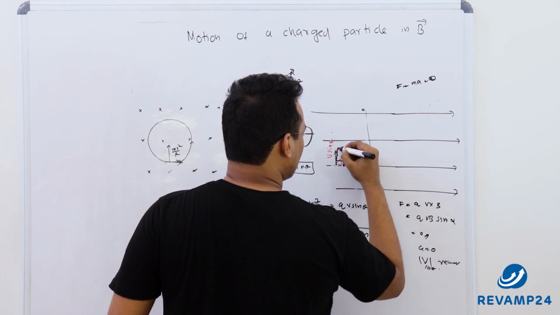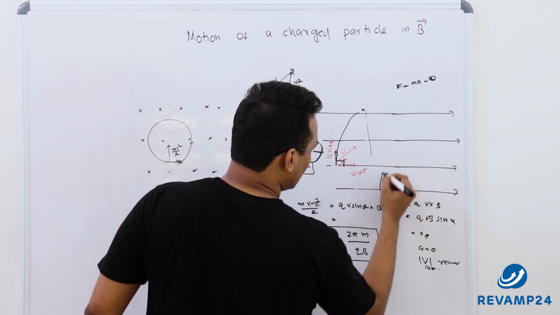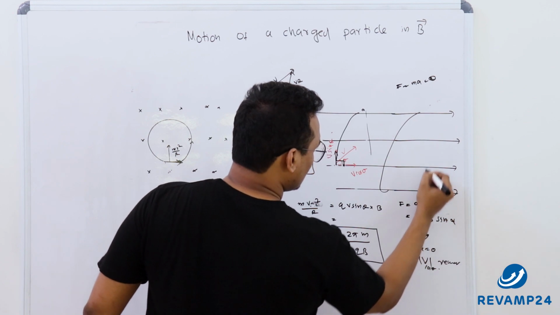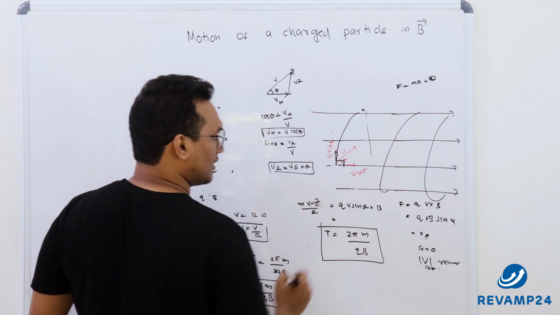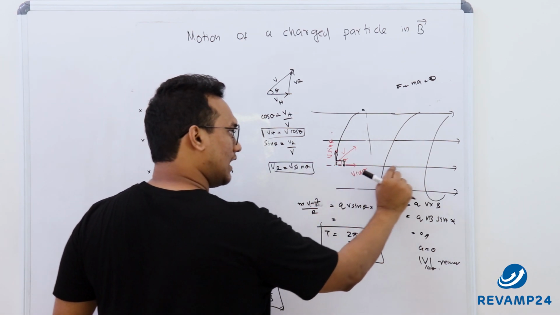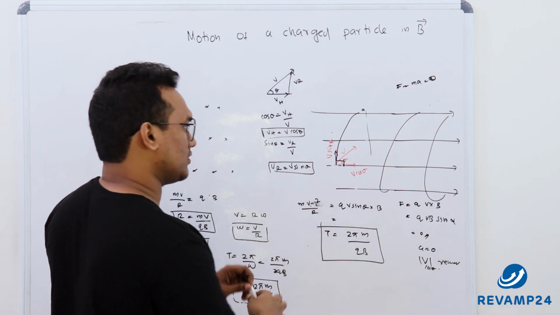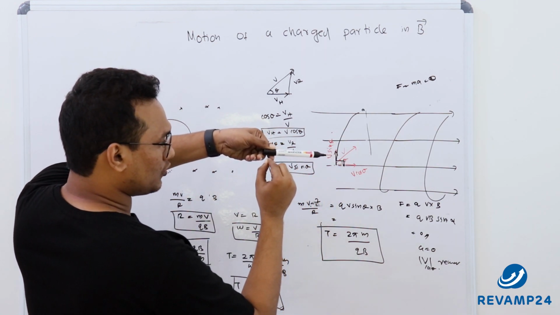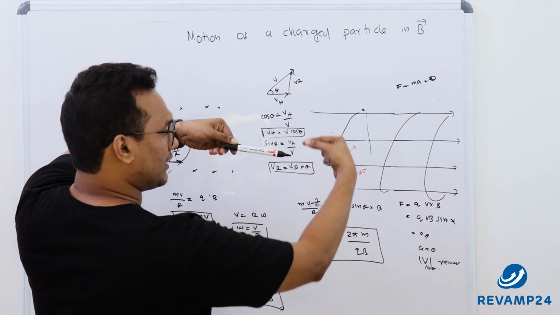It will go, and from the other side it will come, and it will go in this direction. V cos theta has to be the same, so with V cos theta it will have a linear motion, and with V sin theta it will have circular motion. So it has to go in this direction and rotate, so it will move in a spiral.